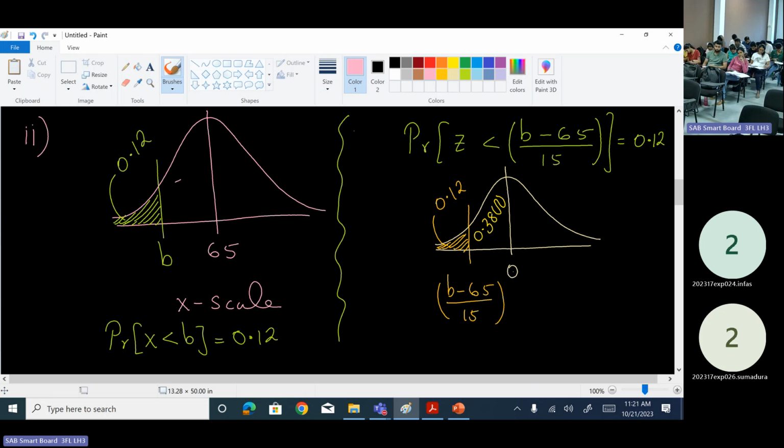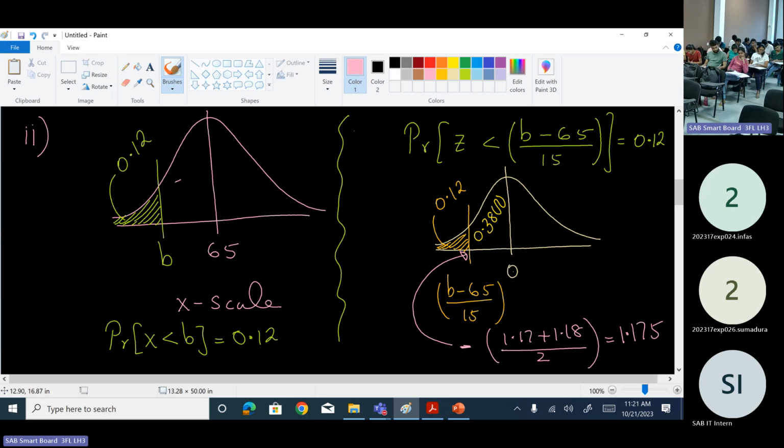The table says this point should be negative because it's on the left side. 1.17 plus 1.18 divided by 2 is 1.175. We are talking about the same point in two different ways.